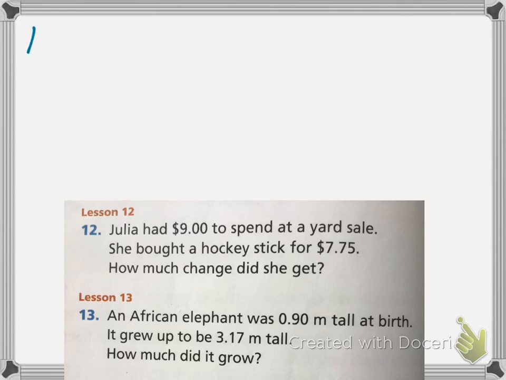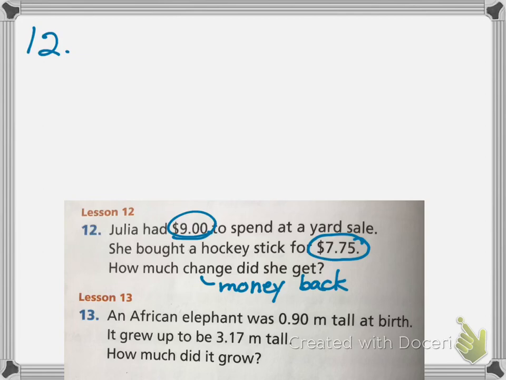Okay, number 12. Julia had $9 to spend at a yard sale. She bought a hockey stick for $7.75. How much change did she get? So change is the money that you get back. Okay. So think about that.